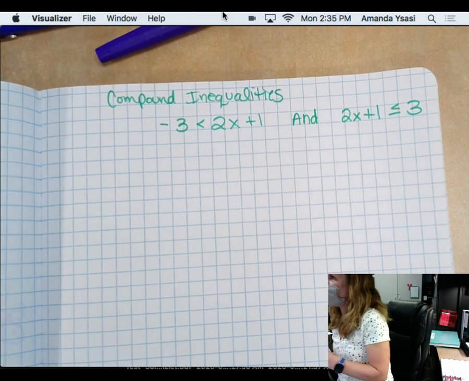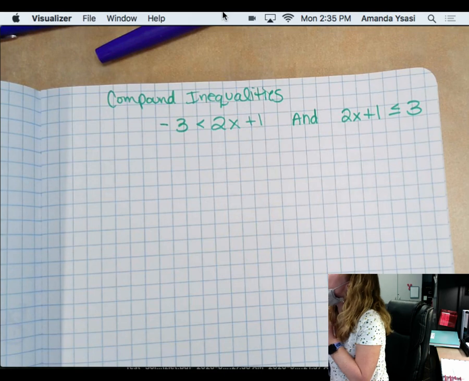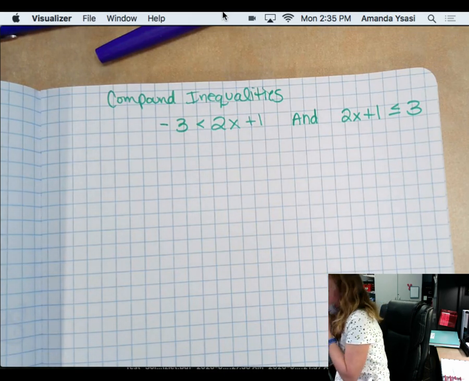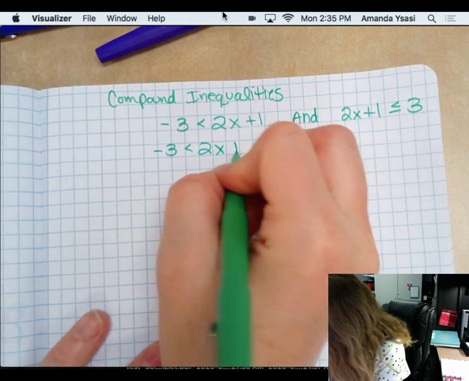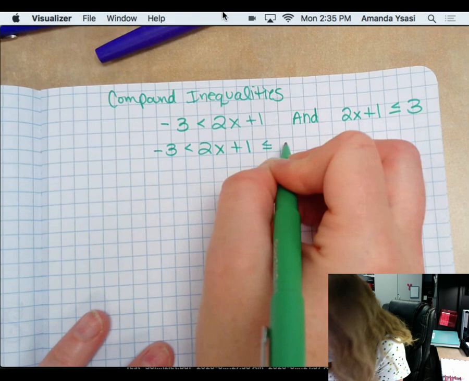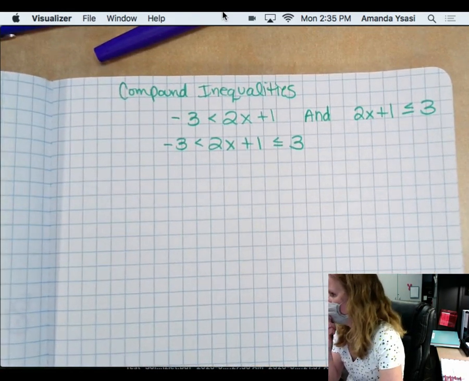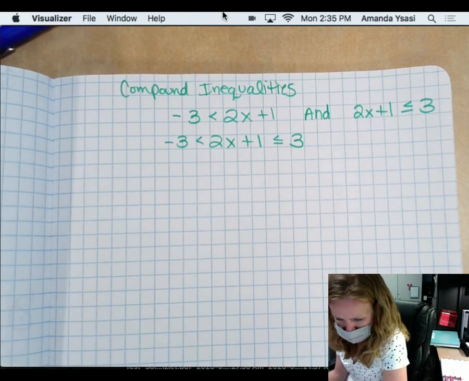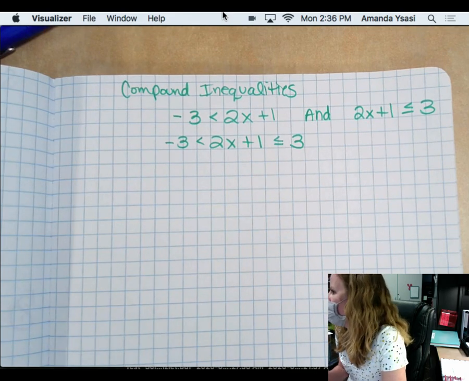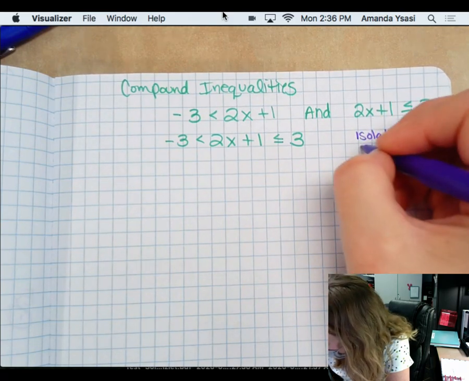These are two inequalities, but what you notice about them is they both have the 2x plus 1. So we can actually rewrite this as a compound inequality like this. And what we want to do is isolate the variable in the middle.